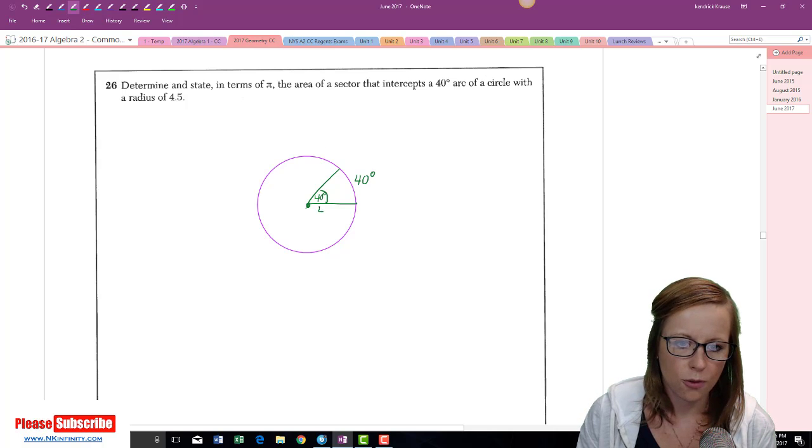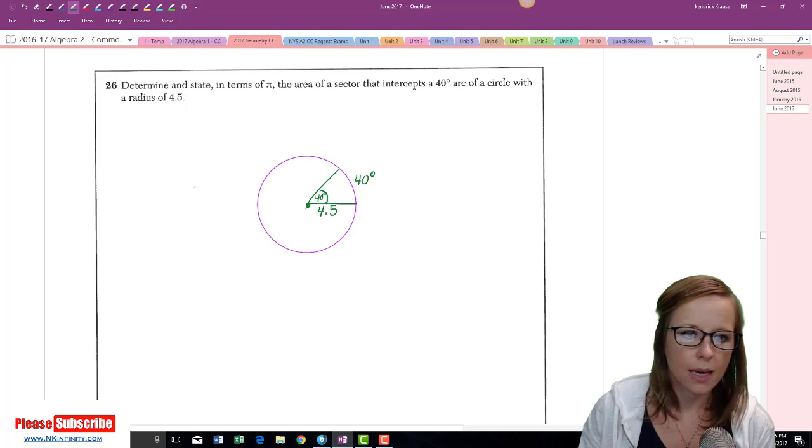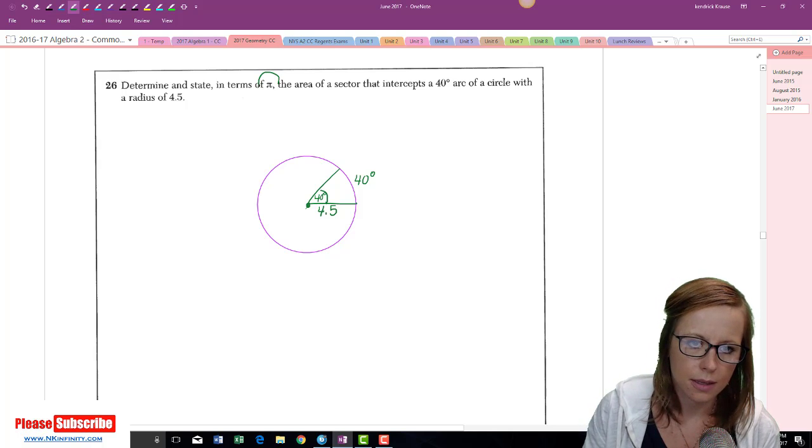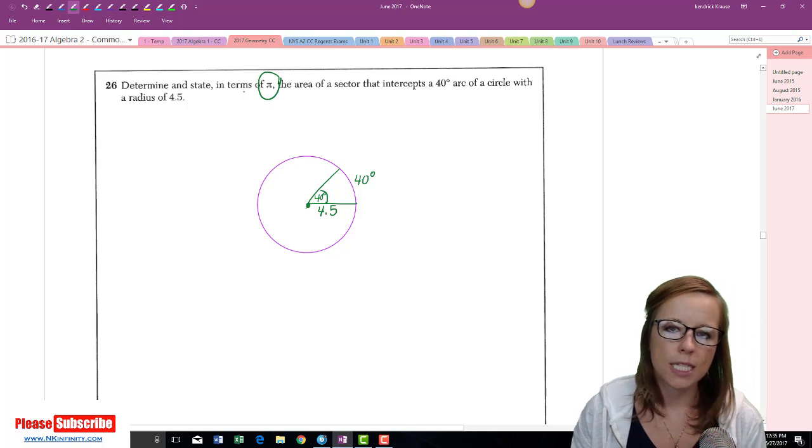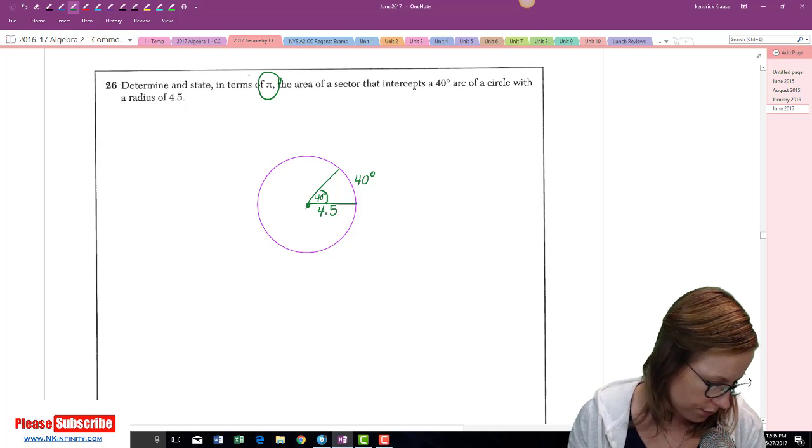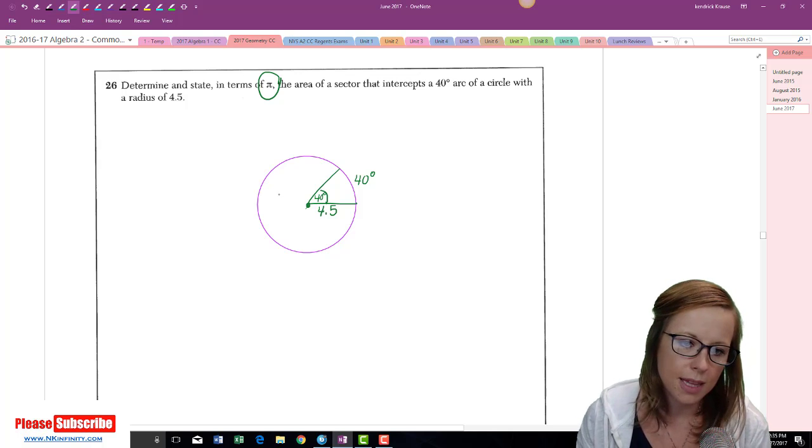And it has a radius of 4.5. It wants it in terms of pi. And they're giving me the angle in degrees.